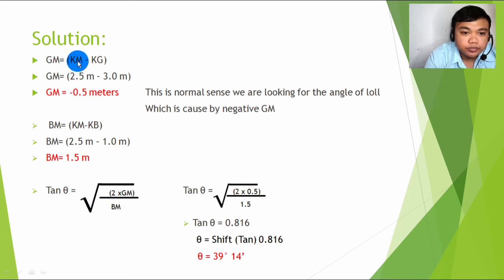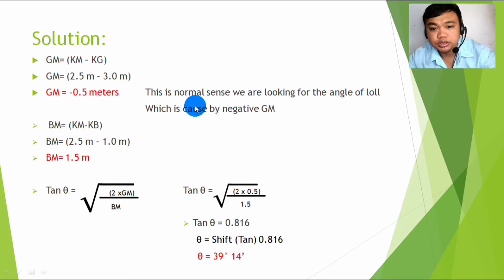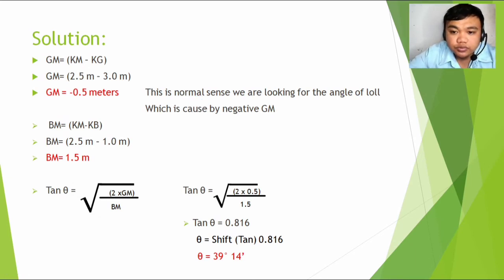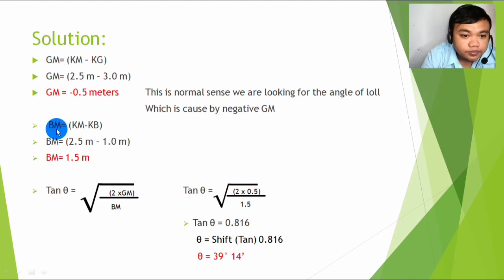So we have the given KM and KG. So simply subtract the two and we have there the negative GM. Now again, this is normal since we are looking for the angle of Loll which is caused by negative GM. So I'm sorry for the wrong spelling. Now we have BM which is equal to KM minus KB.